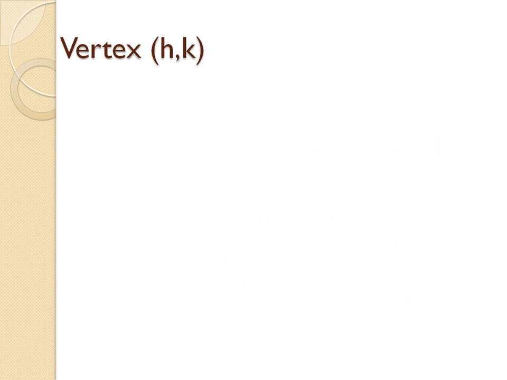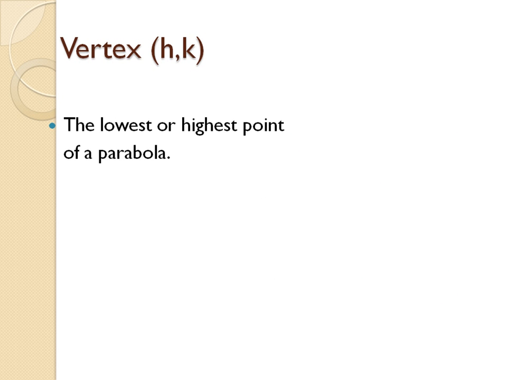Now the vertex. The vertex is the h and the k of the standard form. The vertex is considered to be the lowest or highest point of a parabola. Let me also remind you that the lowest or highest point is also called the minimum or maximum.